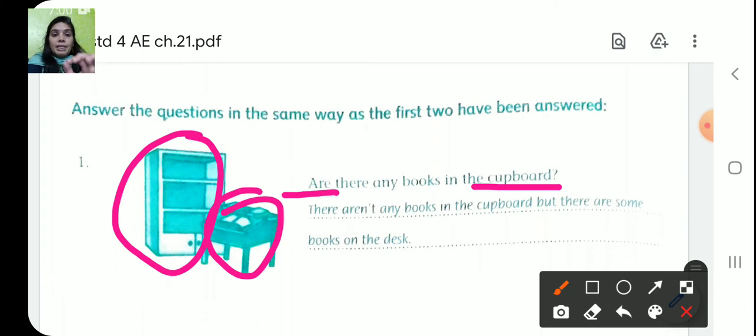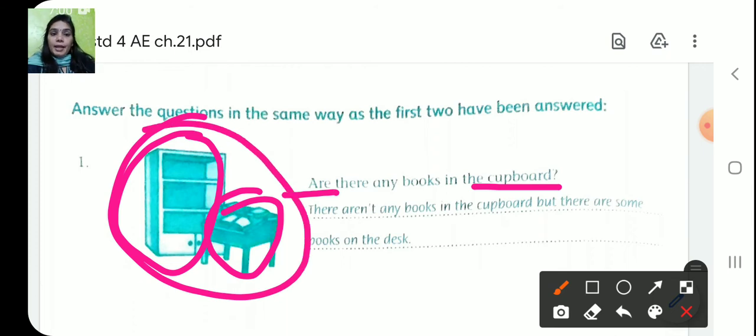So you will write there aren't any books in the cupboard, but since these two pictures are given together, what you will write? There aren't any books in the cupboard, but there are some books on the desk.